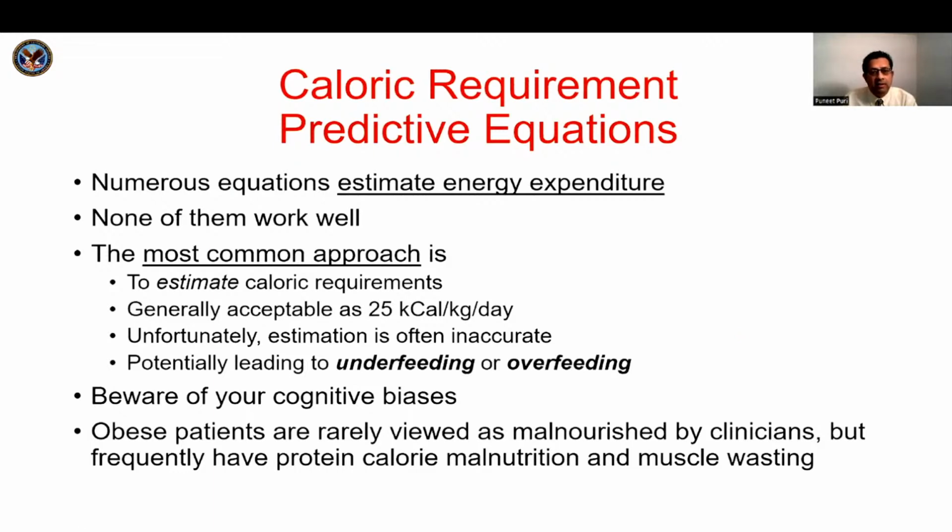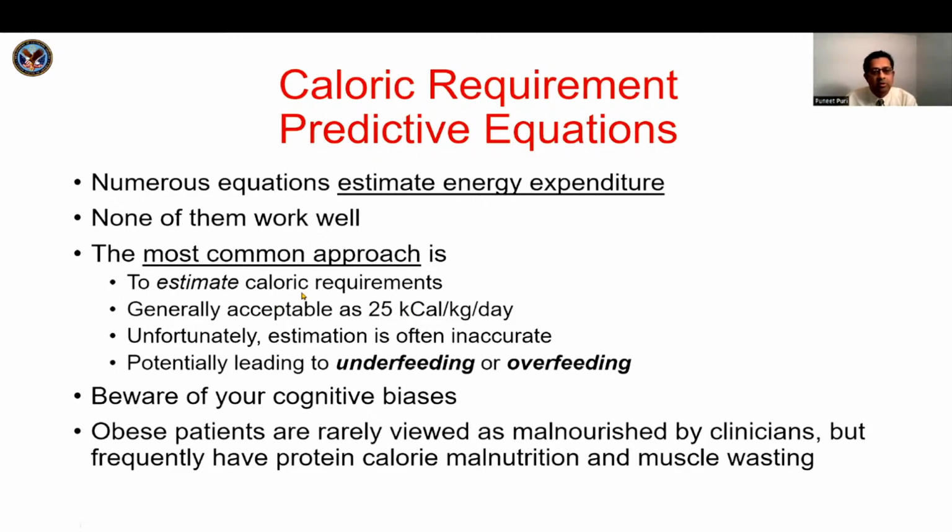So that takes us to the next step. How do we assess what is an adequate caloric need and requirement? Currently, there are numerous predictive equations that are utilized. However, they only estimate energy expenditure. And of note, none of them work well, specifically in the liver population.